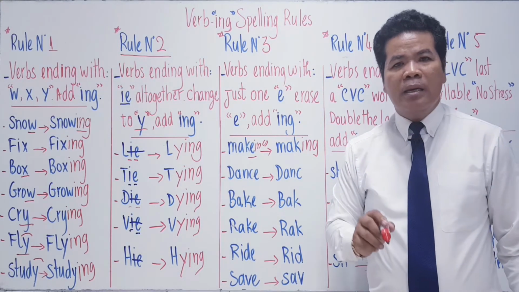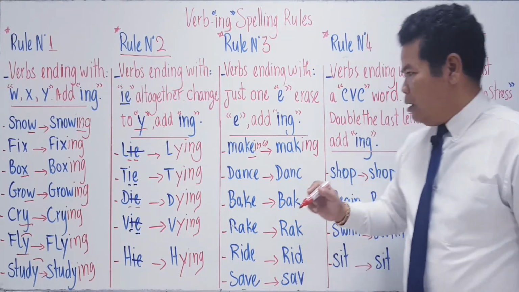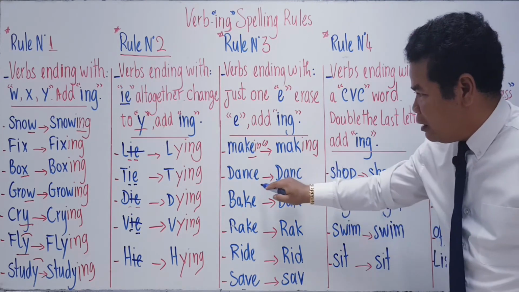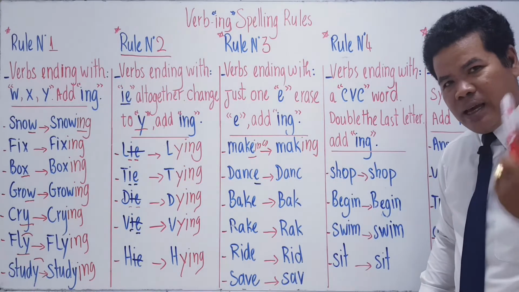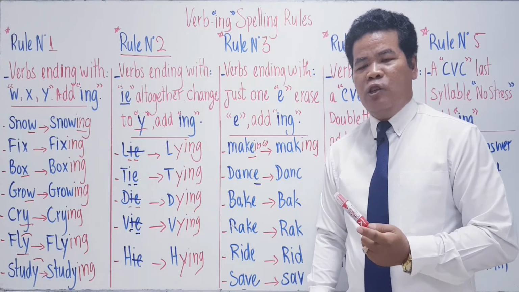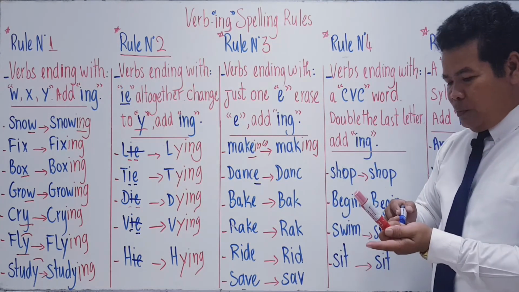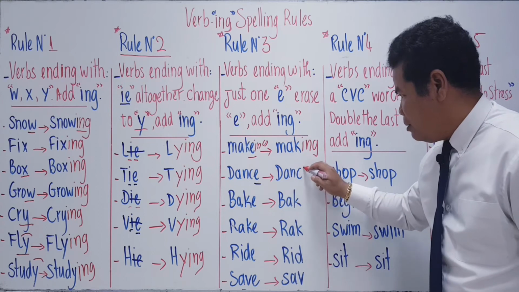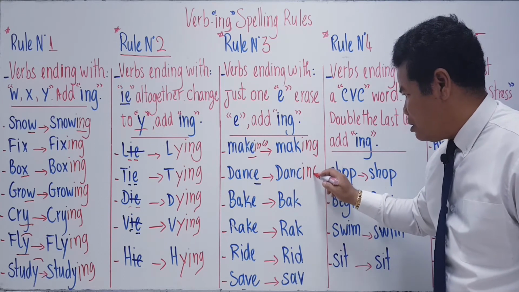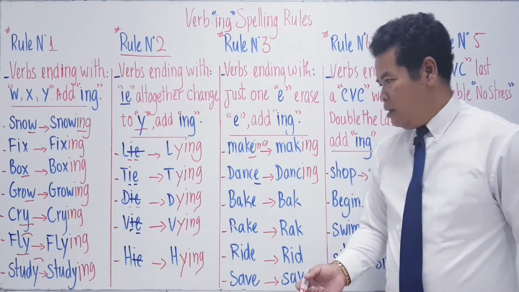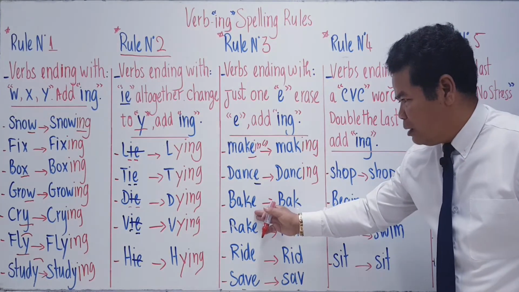Making, right? Let's go to another one. Can you see the word dance? E is at the end of the verb. Only one E. So when we add ing form, we have to erase E and then plus ing. Dancing. Dancing. Bake. E at the end.